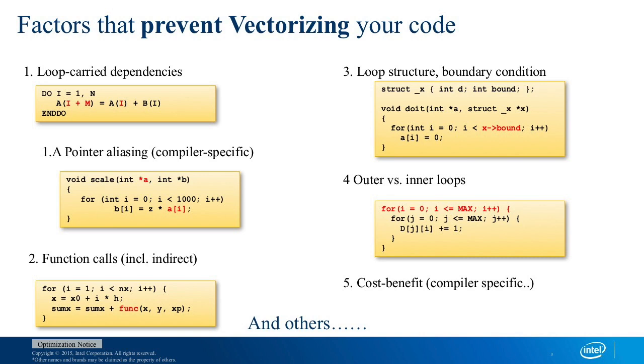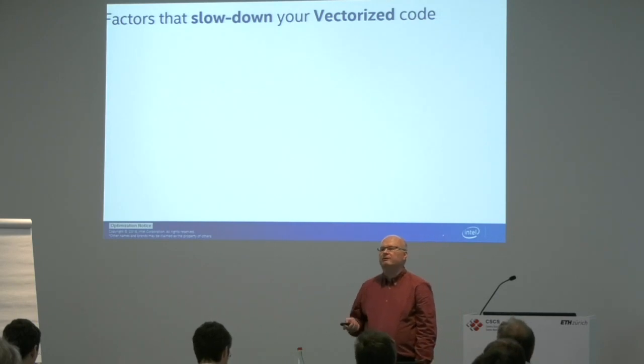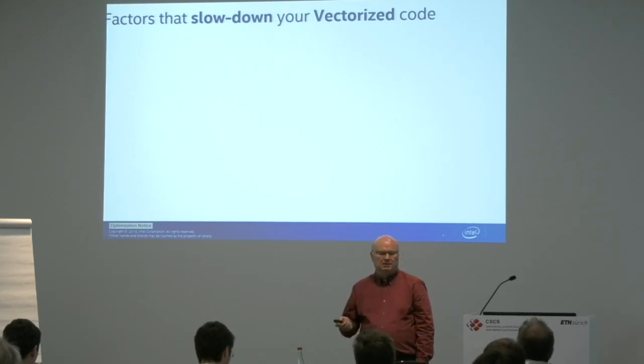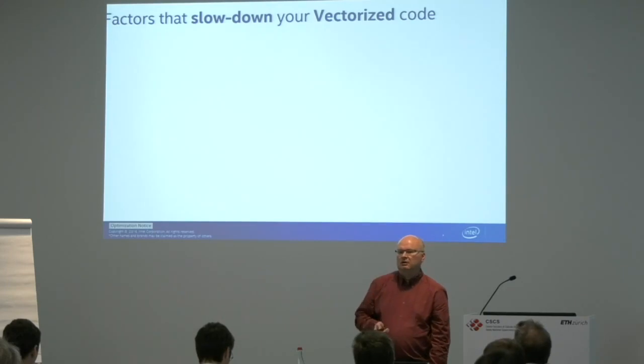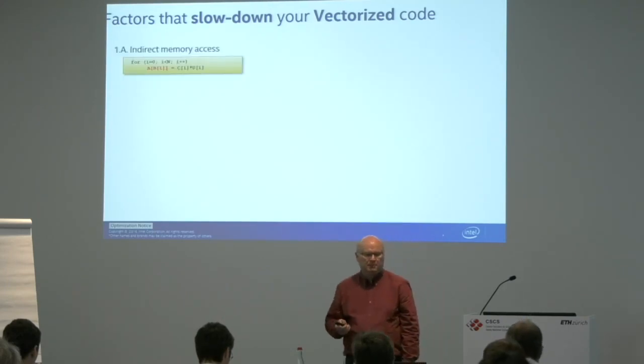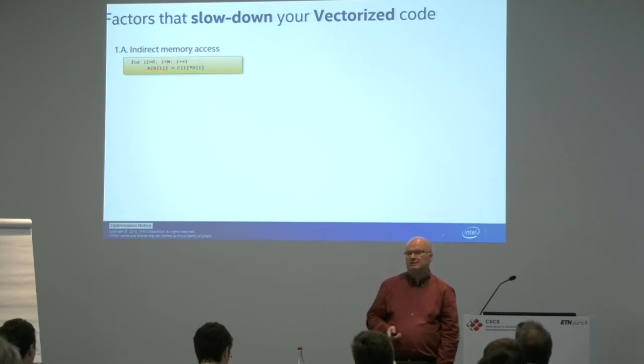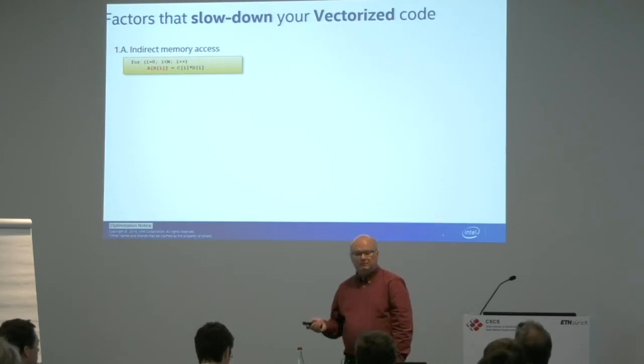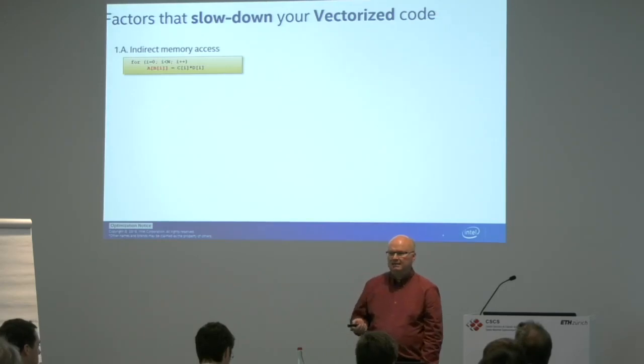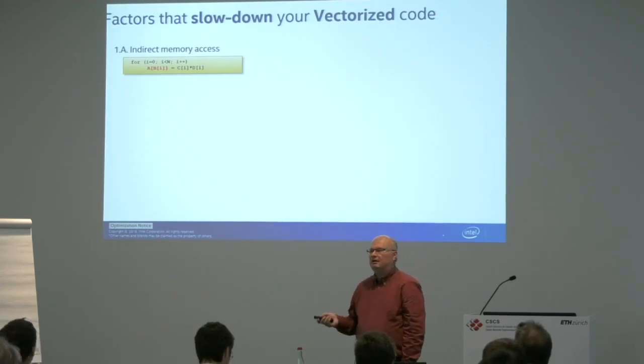Next step would be, if you have vectorized loops, how do you know if they are efficiently vectorized? What factors can slow down your vectorization? First of all, it's the indirect memory access. It came to my memory when I started with HPC, the vector machines of Cray.